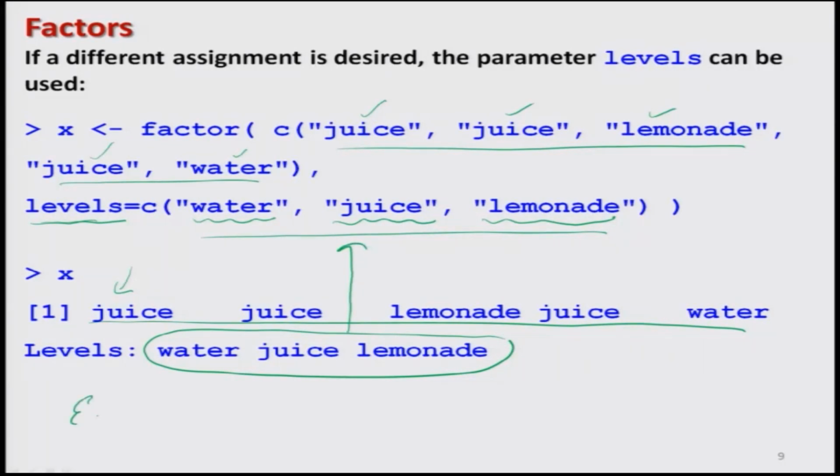And just for your information, earlier we had the labels juice, lemonade and water. This was the ordering, but now this ordering is changed. So, if you want to change the order of the labels, it is possible.